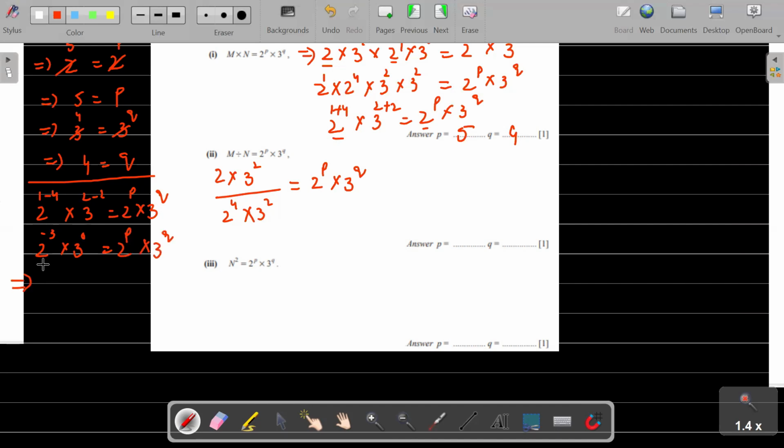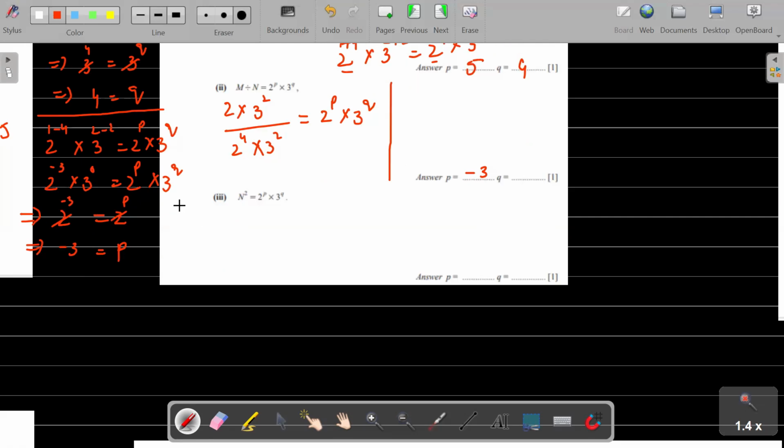Now I'm going to use the implies sign, and I'm going to make the bases the same. 2 raised to power minus 3 is equal to 2 raised to power p, and their base is the same, so it will be cancelled out and the power is going to be automatically the same. p is equal to minus 3, and for the value of q, by comparing the coefficients of 3 raised to power q, after cancellation of their same base, their power is going to be automatically the same. So it will be 0.